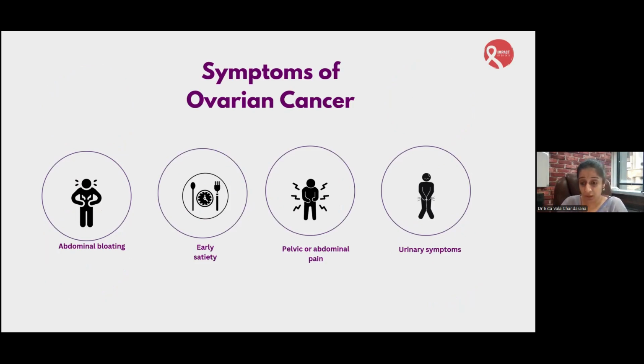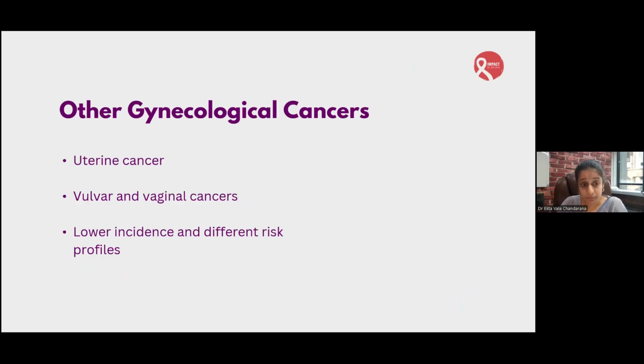So the symptoms we discussed, once we see this kind of symptoms, we do sonography, we do CA-125. On sonography, many times we see a simple cyst, and if there is a simple cyst and CA-125 is normal, then there is less chance that the cyst is cancerous.